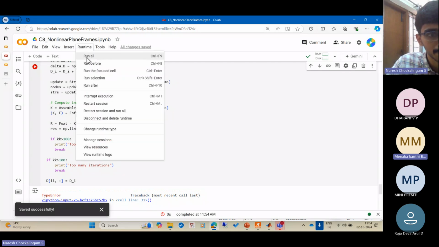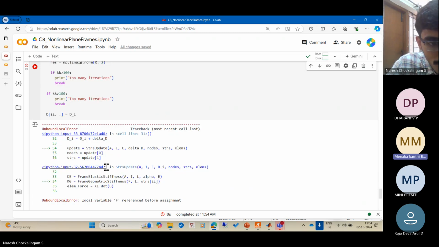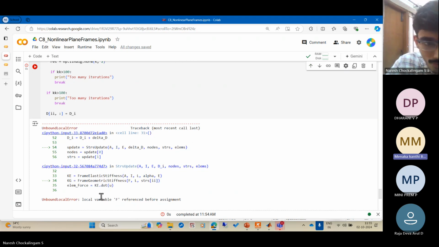Okay, let's run. Local variable f assigned before. Okay, reference before assignment. That's okay. That can be corrected. So this part, right?